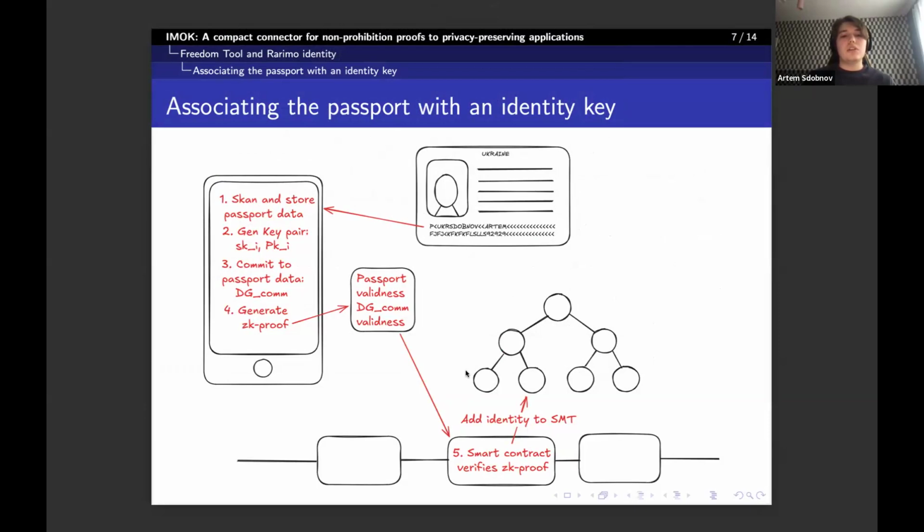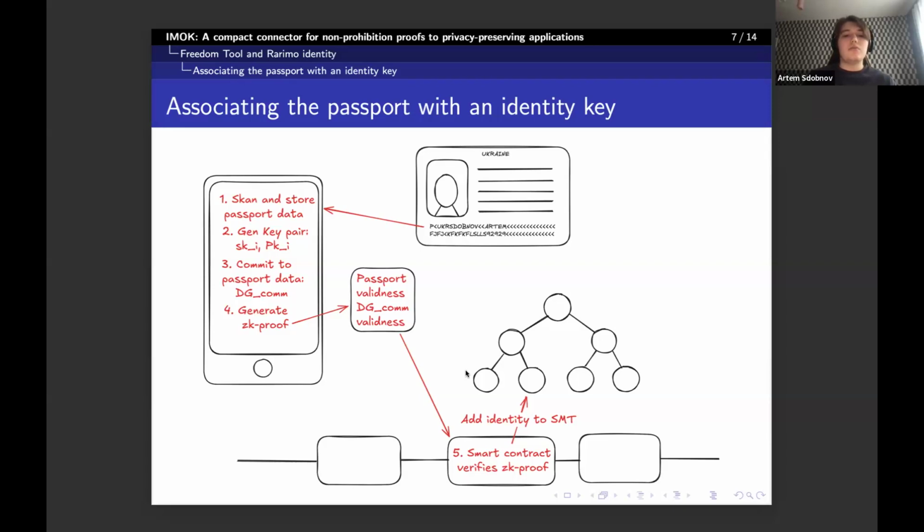It could be Ethereum or Solana chain or another chain. And then I create a commitment to my passport data. This commitment will then be needed to verify that our passport data is exactly taken from our passport.